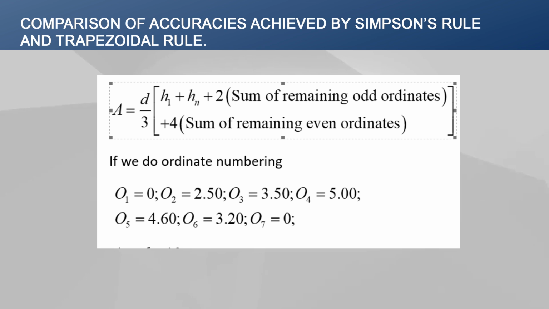So, let us do the numbering of offsets. O1 is equal to 0, O2 is equal to 2.5, O3 is equal to 3.5, O4 is equal to 5, O5 is equal to 4.6, O6 is equal to 3.2, O7 is equal to 0.